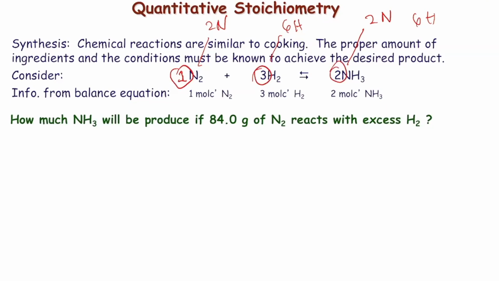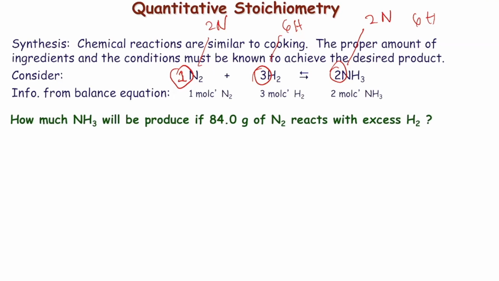If I have 1 mole of nitrogen, it combines with 3 moles of hydrogen to produce 2 moles of ammonia. I got 1 bundle of nitrogen to react with 3 bundles of hydrogen to produce 2 bundles of ammonia. Okay, again, that's why we use the mole frequently in chemistry, because we don't want to deal with individual pieces. We want to deal with a greater quantity, things that we can measure in lab, grams.